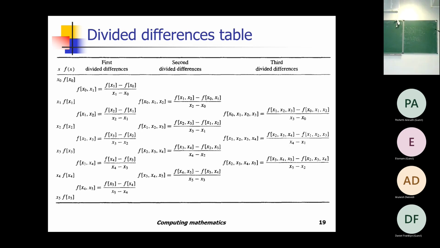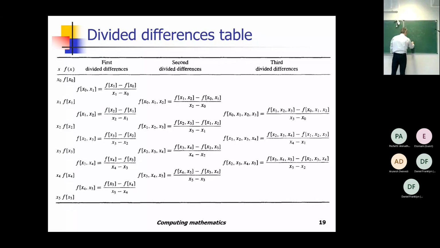I don't want to rewrite all on the board. Let me denote this formula as 2 stars, this formula as 1 star. How to compute? 2 star minus 1 star over the difference between x's, the largest distance, x2 minus x0.